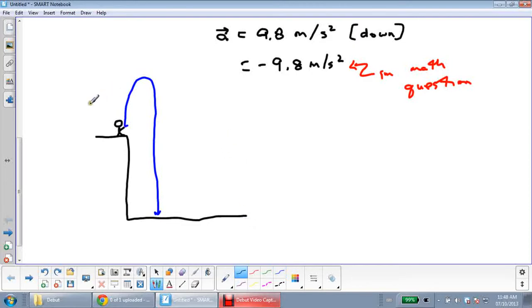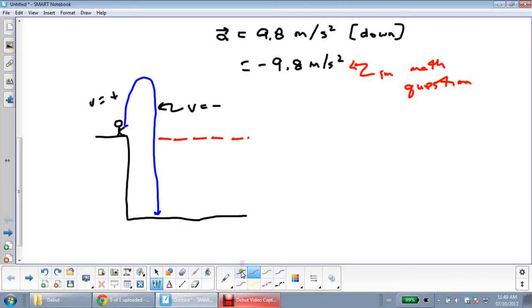When the ball is going up, since up is positive, the velocity would be positive for this part of the trip. But when the ball is heading down, even here, not just when it's below the man, the velocity is negative because it's headed down.